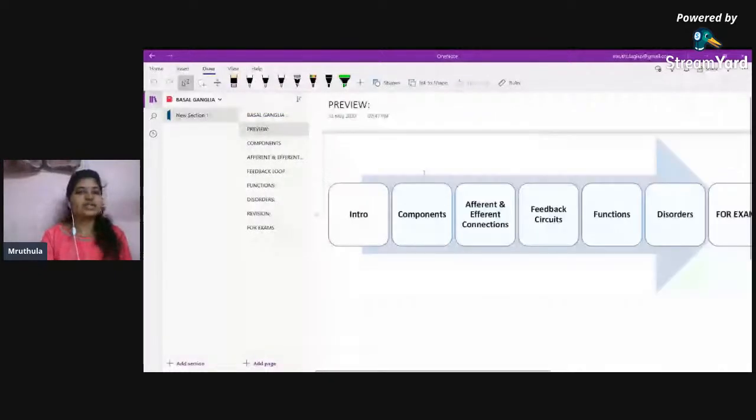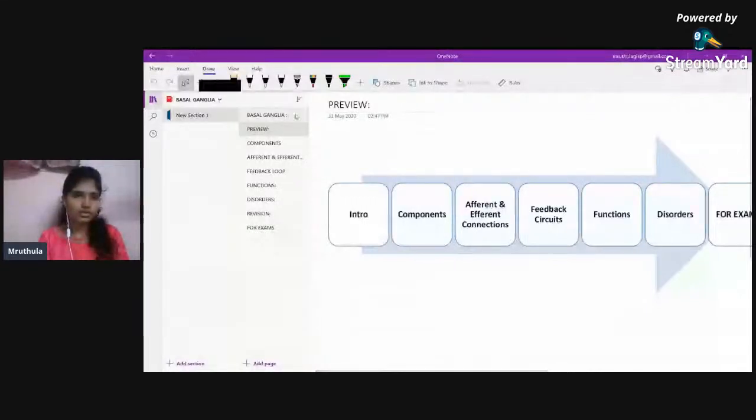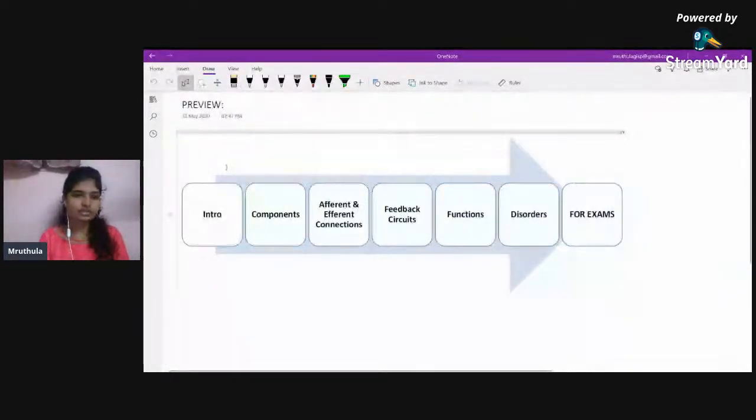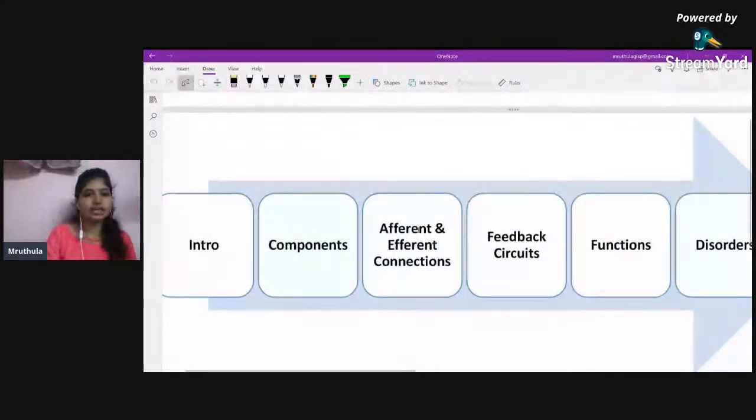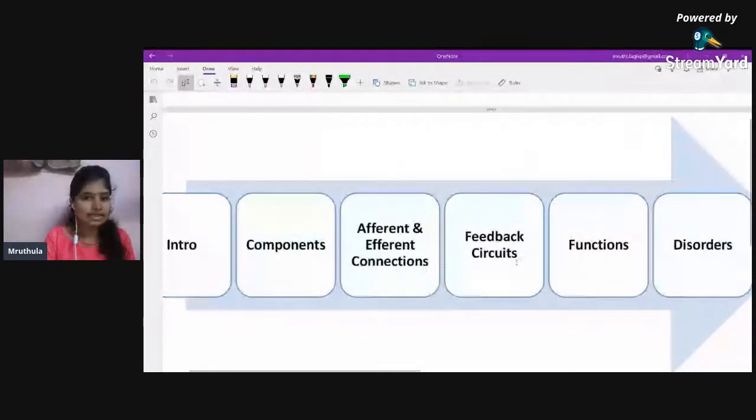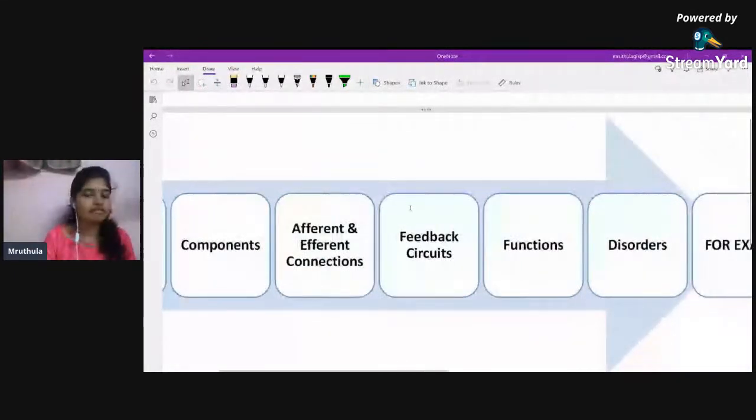All right. So here's the preview of today's class. First, we have seen a little bit of the introduction. Then we will refresh about the components that were discussed yesterday, components of basal ganglia. Then afferent and efferent connections of basal ganglia. It's very, very important for your exam. Then feedback circuits. It's good to know them. Then functions of basal ganglia.